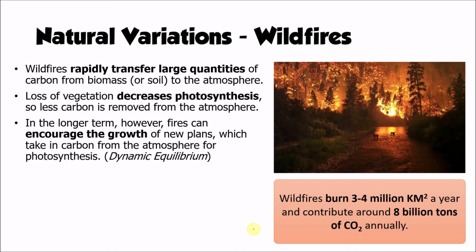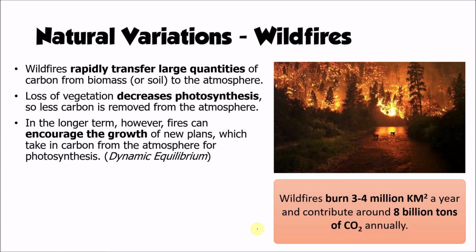What does happen though in the long term is that fire can stimulate new growth by clearing out old diseased vegetation, opening up areas of the forest floor, returning nutrients from the ash into the soil. All of those things can encourage plants to grow, and when plants are young and growing quickly, they absorb lots of carbon.